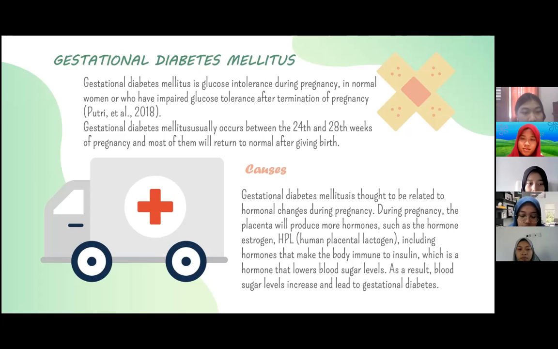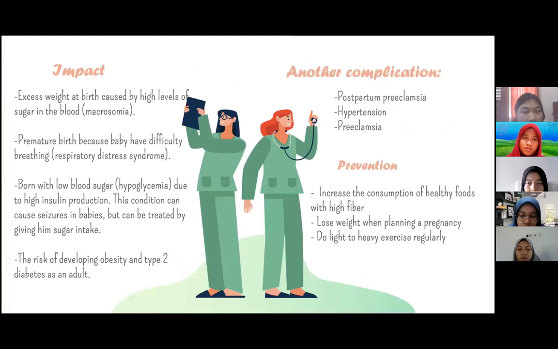The impact is excess weight at birth caused by high level of sugar in the blood. Premature birth because baby have difficulty breathing. Born with low blood sugar due to high insulin production. The risk of developing obesity and type 2 diabetes as an adult.